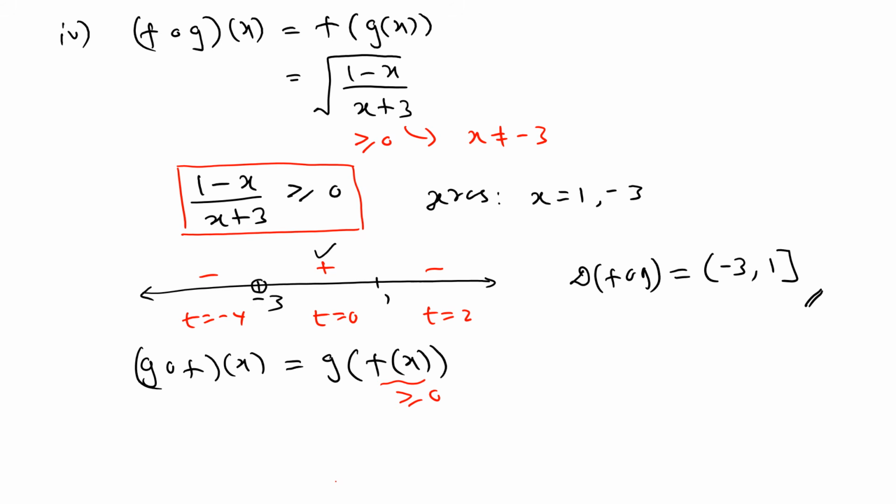That means you can simply plug in that value to the g function because in the denominator there's a plus sign. So the domain of g circle f is simply the domain of the f function, because there are no restrictions from the g function since you're plugging in a positive value. Which is simply 0 to infinity. So that is the end of part 3 of the review.